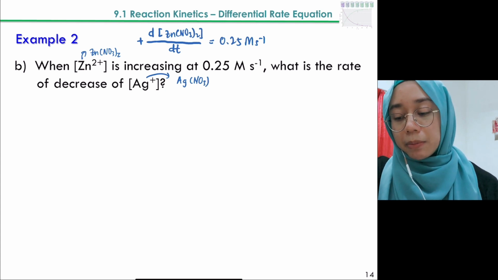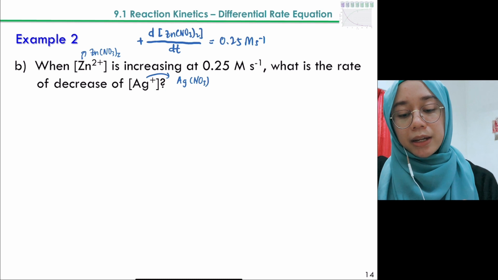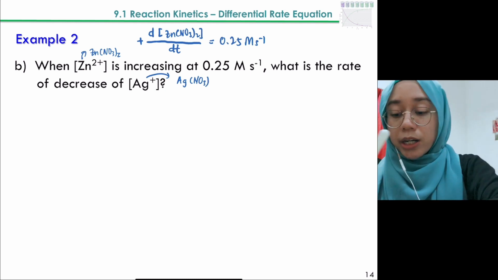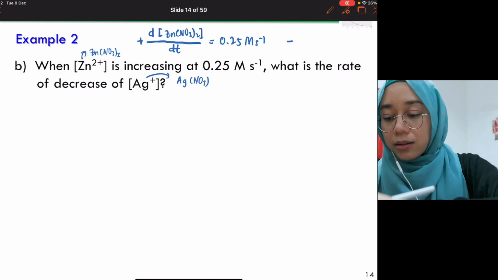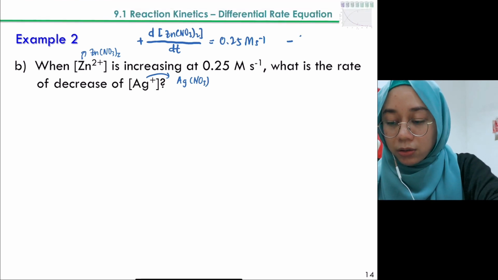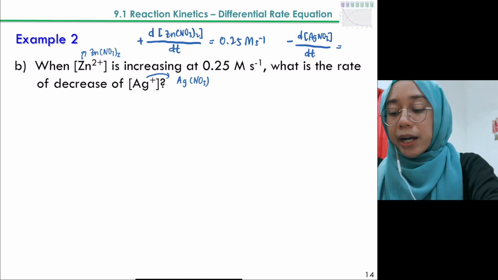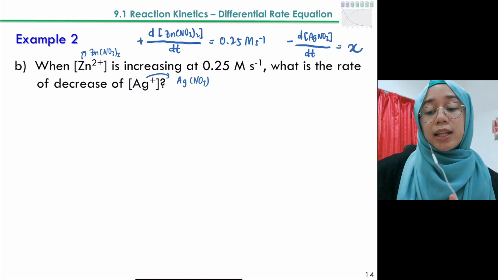And then at the same time, soalan tanya pasal rate of decrease of silver nitrate. Bermaksud soalan rate of decrease, so kena negative sign. Okay, so untuk silver nitrate pula dia tanya rate untuk silver nitrate ni. So Miss letak situ sebagai X lah. Okay, itu yang kita nak cari.